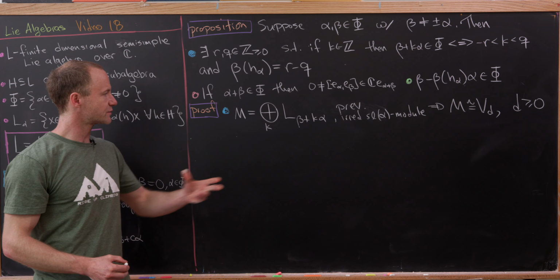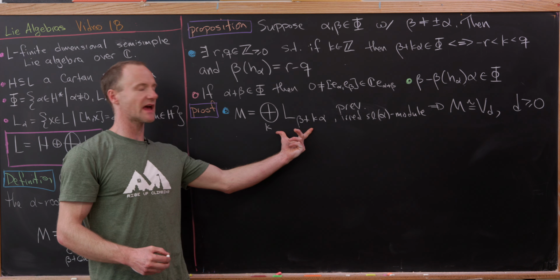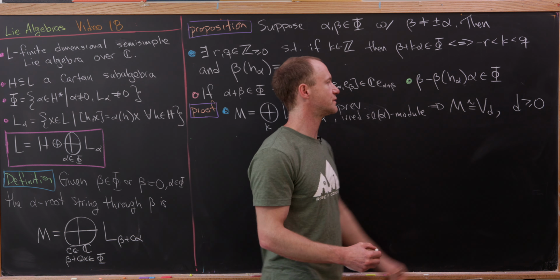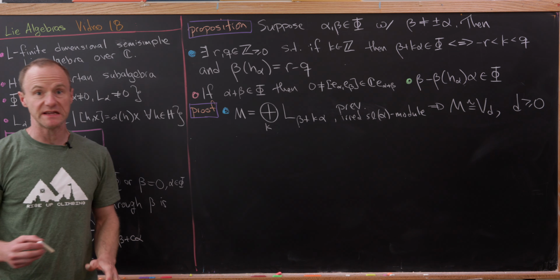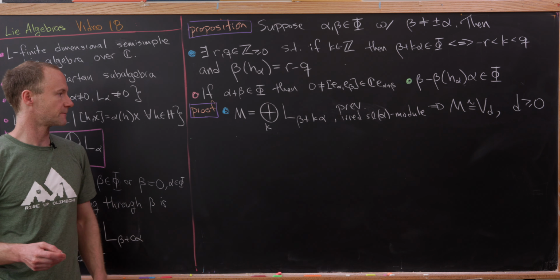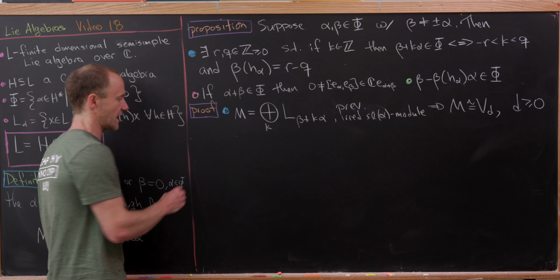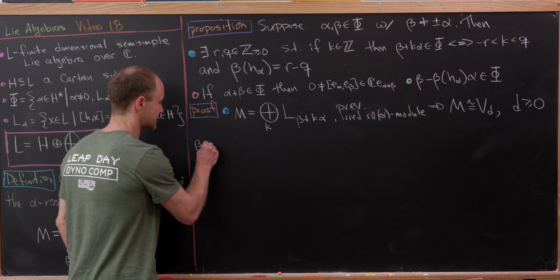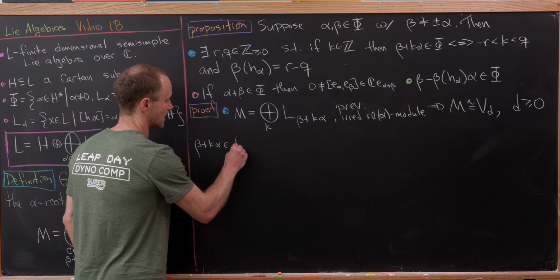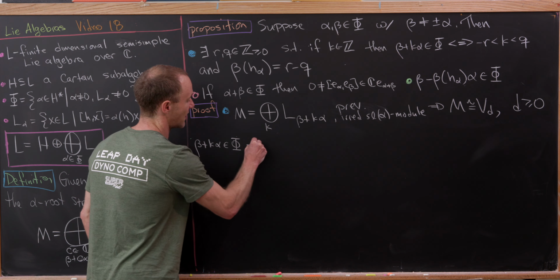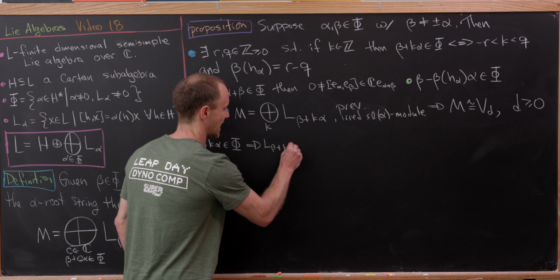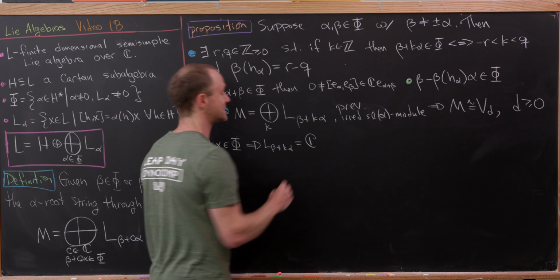Now the idea is we're going to play the decomposition we have here as a root string and the decomposition we know about these V_D modules off of each other. Okay, so let's see how to do that. So let's notice that beta plus k alpha is a root implies that L beta plus k alpha is non-zero.